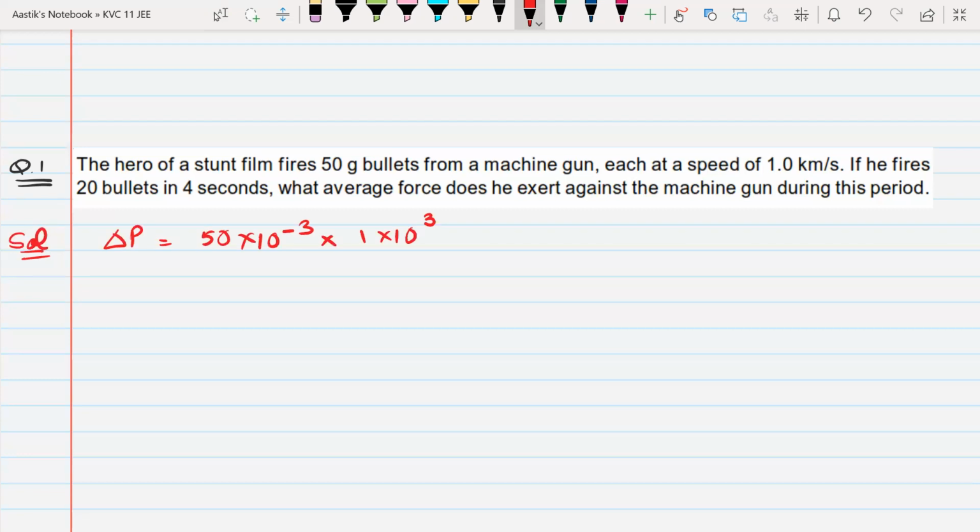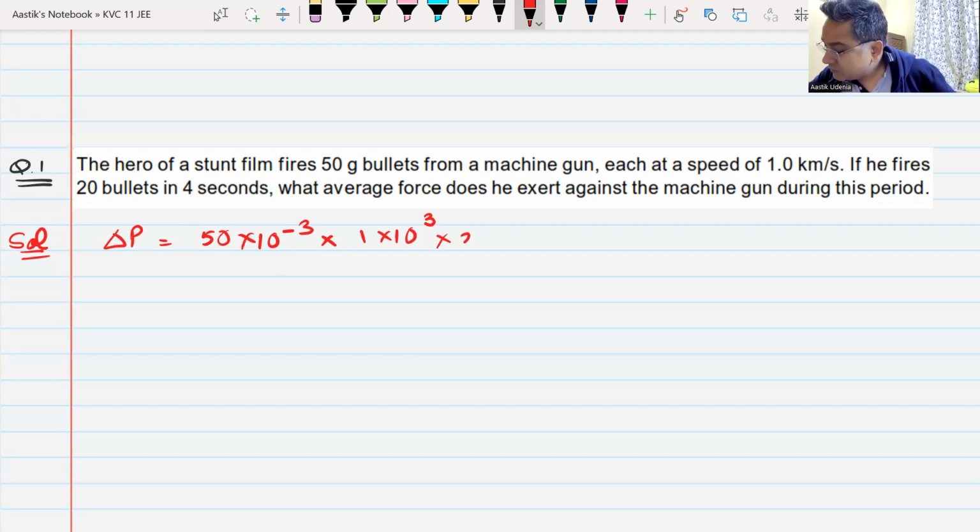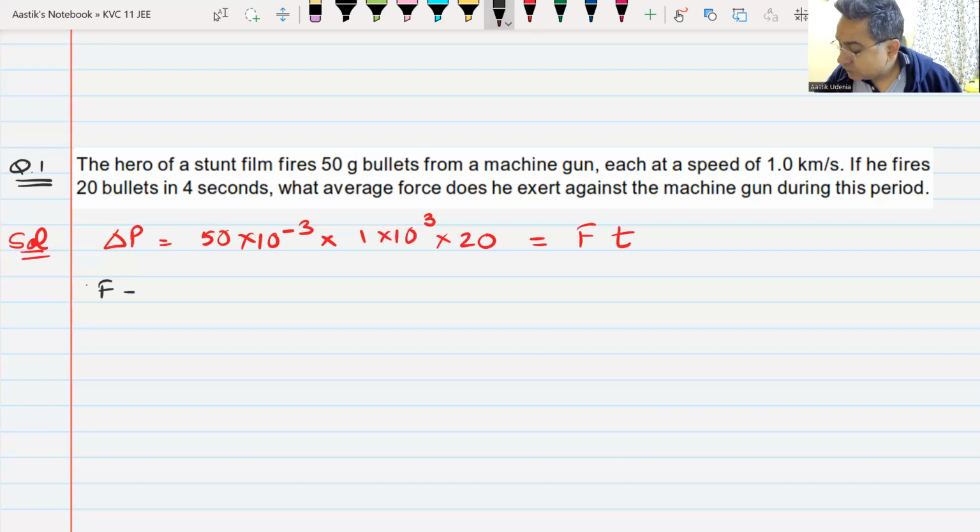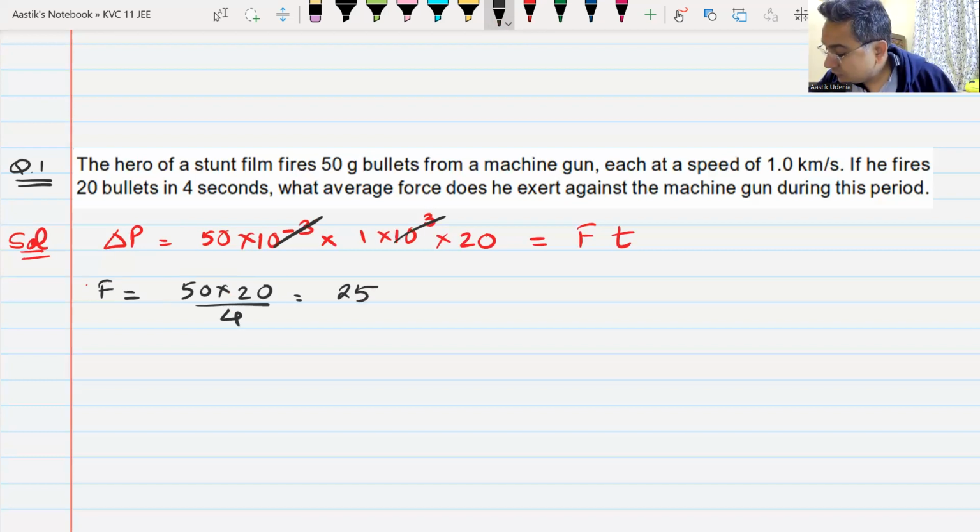That is the change in momentum of one bullet. 20 bullets, so multiplied by 20. That is the change in momentum, and it must be equal to force multiplied by time. So the force that the man must exert would be equal to 50 into 20 divided by 4, and that is your answer, 250 newtons. I'll give you a minute to note it down.